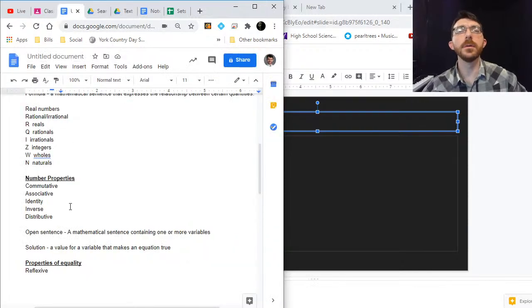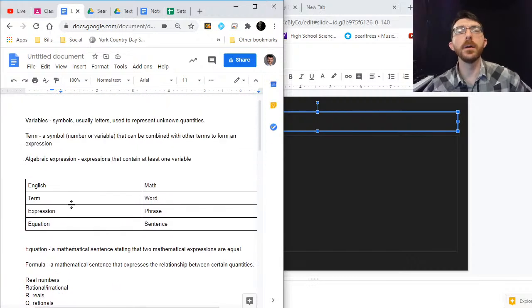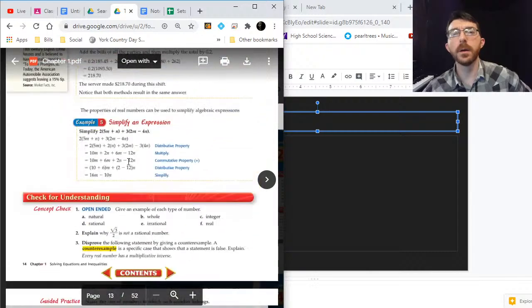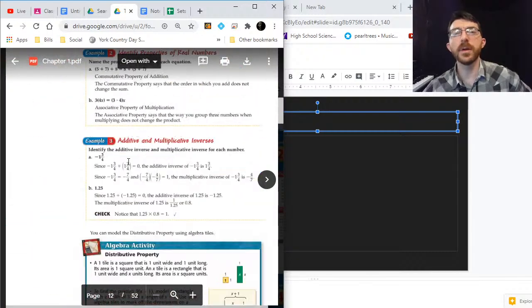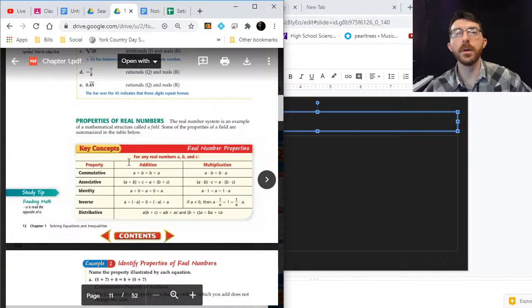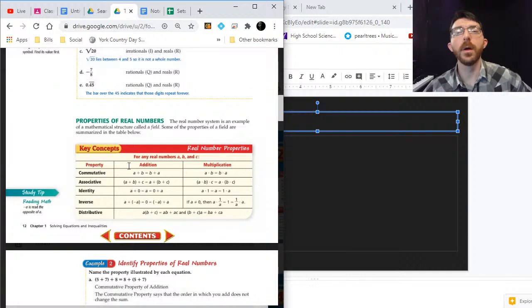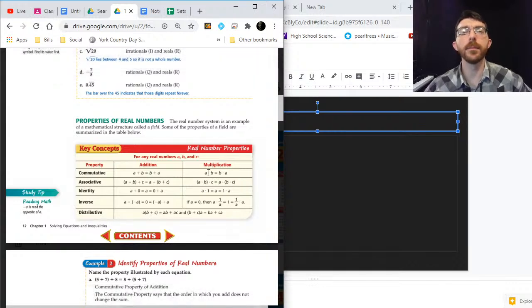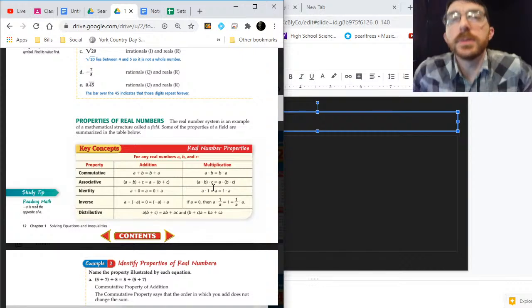Commutative. Why would that be a number property? Numbers aren't commutative. Operations are commutative. Right, I see. They're for real numbers. Got it. Right, that's okay. That's where I was going with that.